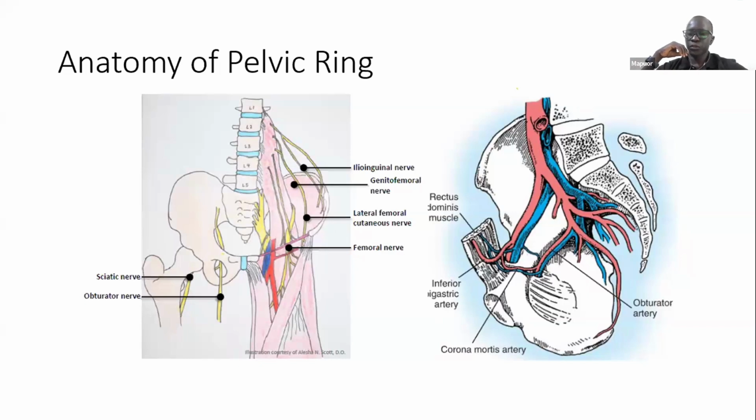They have a small caliber, so their bleeding usually causes headache to surgeons when you are doing surgery. So the principle is find those corona mortis before they find you. They are located actually around 6 to 6.2 centimeters lateral from the symphysis pubis. So you have to find the corona mortis before they find you.